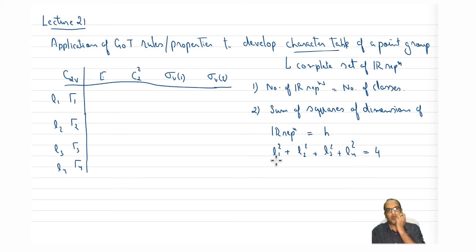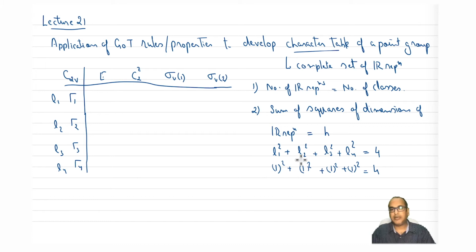Now, what are the possible solutions for this? We have to use hit and trial. There are 4 variables and only 1 equation, so there is no other way to solve but by hit and trial. So what does hit and trial say? The only possible solution is 1 square plus 1 square plus 1 square plus 1 square, right?